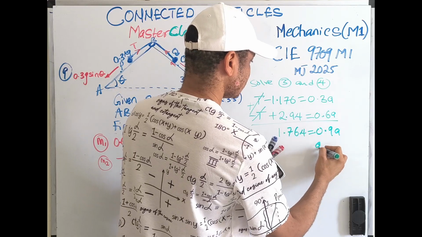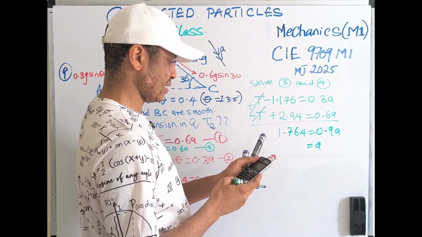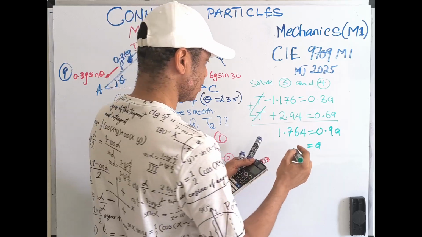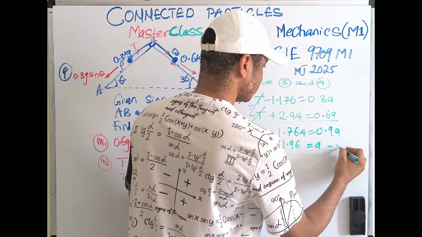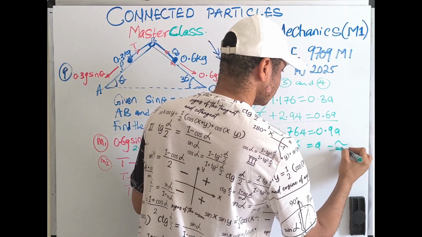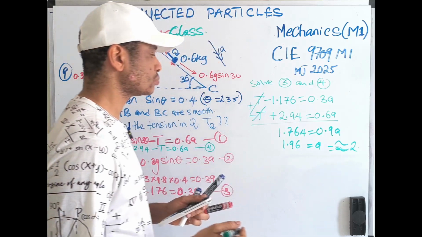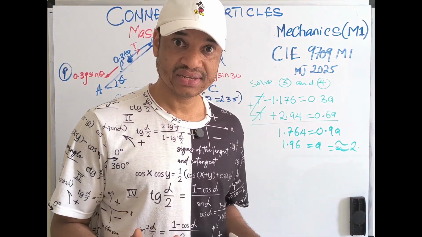So you divide the answer by 0.9. So that will be 1.96, which is approximately 2. So that is my answer to that.